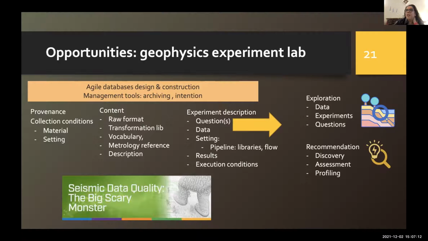I imagine a student at the beginning of her education trying to discover which are the most famous experiments that have been run in the geophysics area, for example. Can you recommend me these experiments, the way they were set, and the results that were obtained? How were they assessed? How were they profiled?